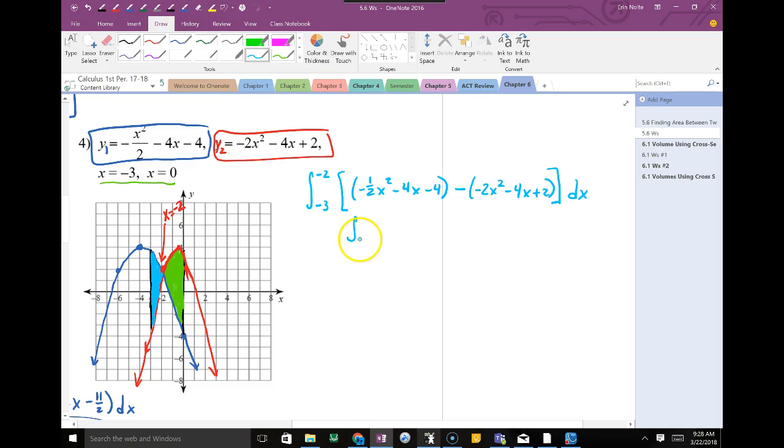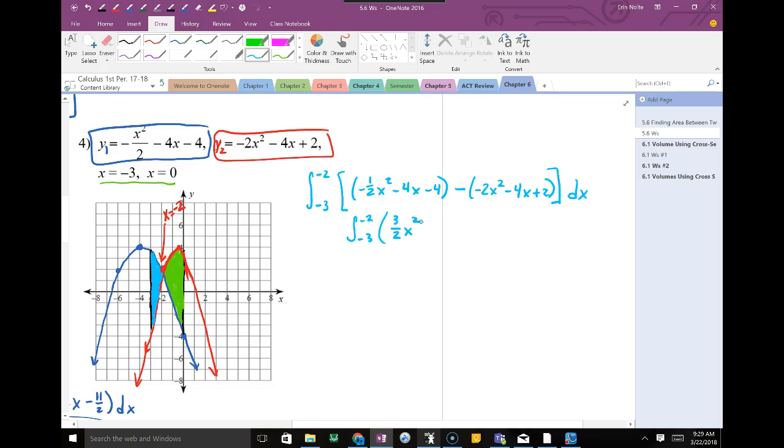Let's simplify it. If I combine my like terms, how many x squareds do I have? It's -1/2 minus -2, which is the same as -1/2 plus 2. So 1.5, which is 3 halves. What about my x?